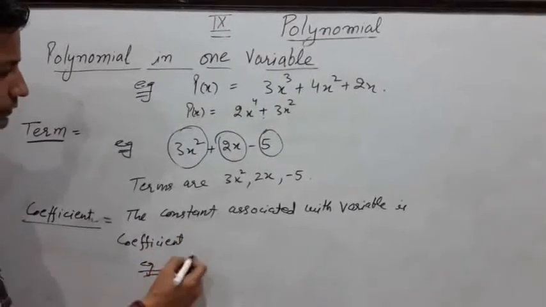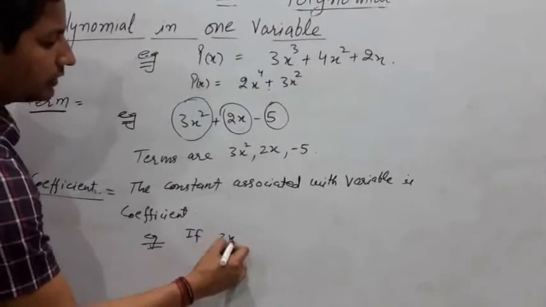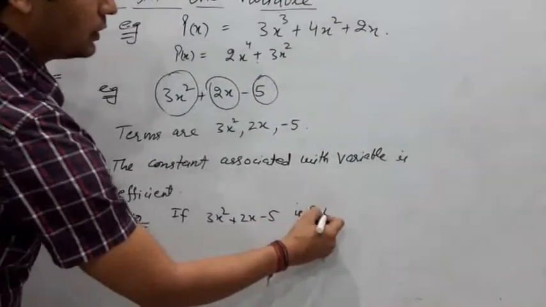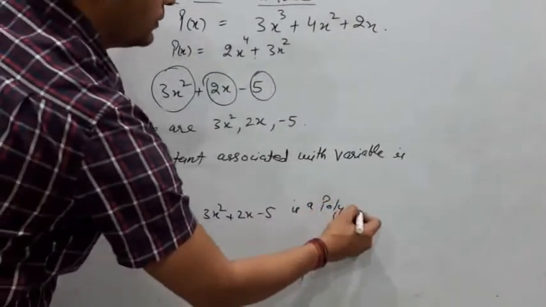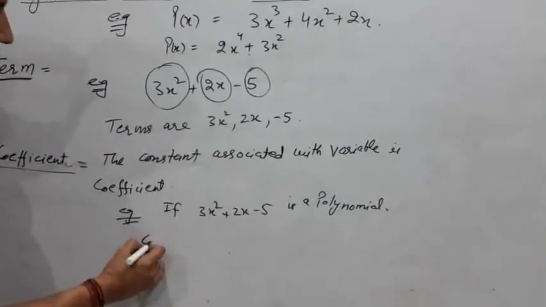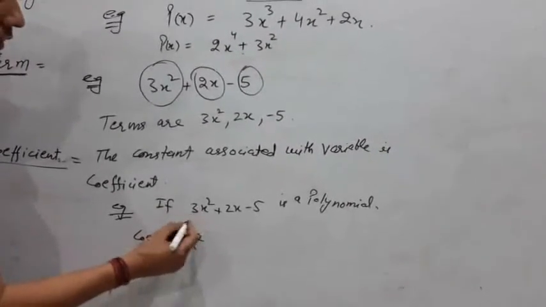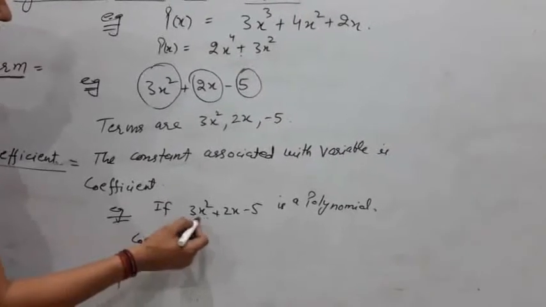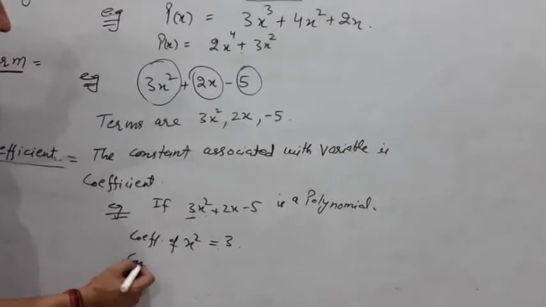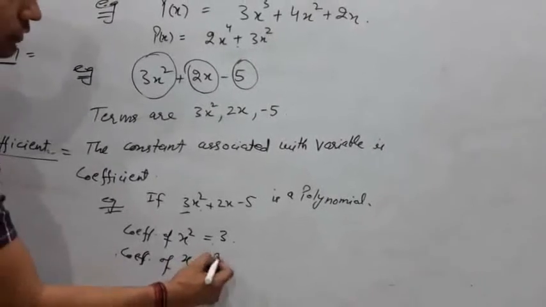Example, if 3x square plus 2x minus 5 is a polynomial, then coefficient of x square, as we observe, the constant term with x square is 3, so coefficient of x square is 3. Coefficient of x is equal to 2.